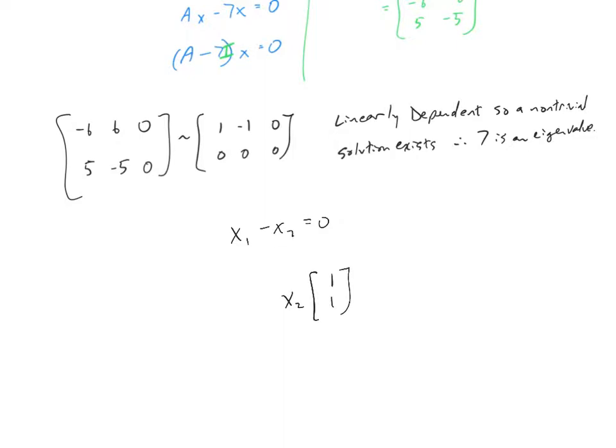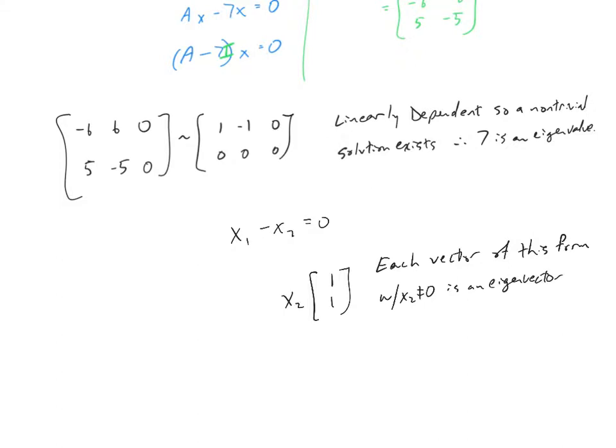We've done that a few times. Okay. So then we can say each vector of this form, with x2 not equal to 0, because that wouldn't be a very interesting vector, is an eigenvector.